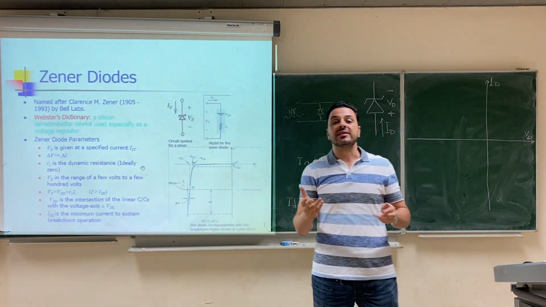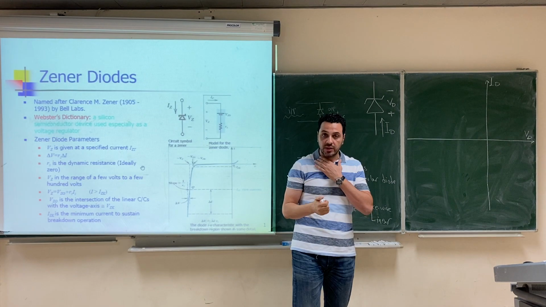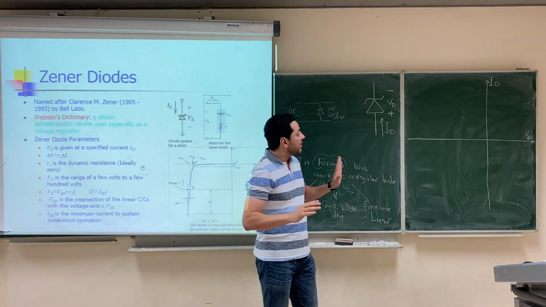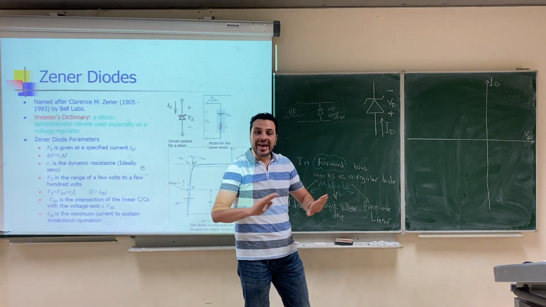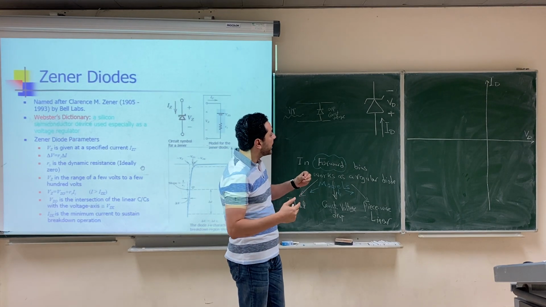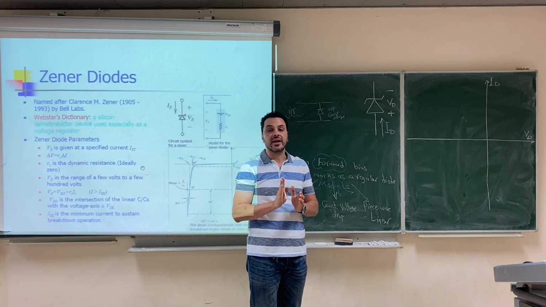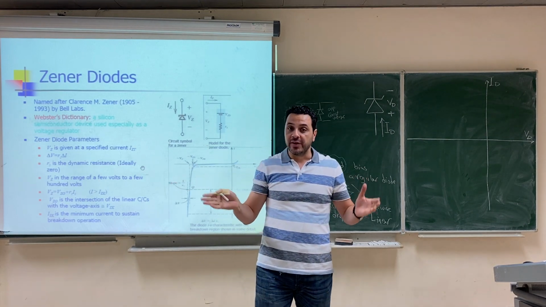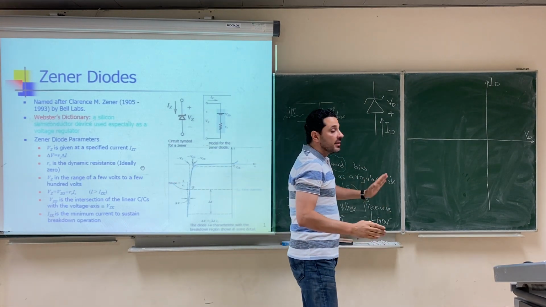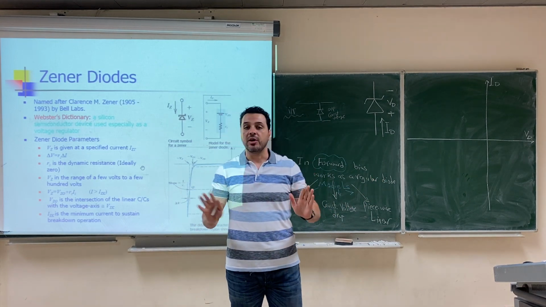What's the difference between the Zener diode and the regular diode? The Zener diode in the forward bias works as a regular diode. So if we operate the Zener diode in the forward bias region, if we try to push the current in the regular direction, in the direction of the arrow, then it will work as a regular, normal diode.